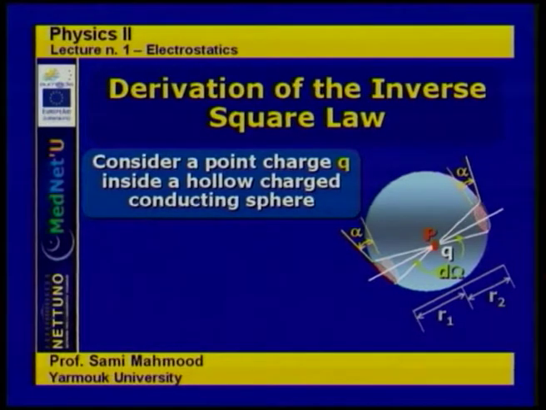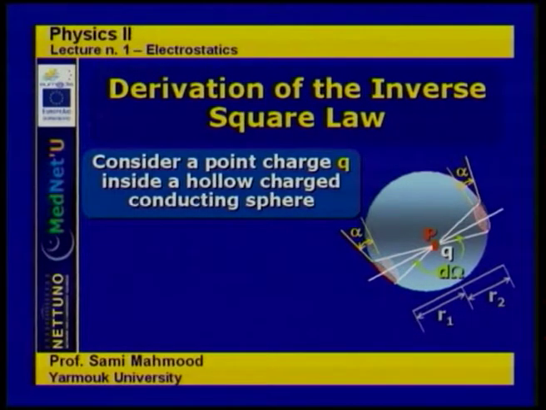Now, if we draw a position vector from that charge Q to the surface, if we draw a straight line that intersects the spherical surface in 2 points on two opposite sides of the charge Q, and we take a small solid angle d omega that is subtended at the point charge, that solid angle will cover a small surface area, dS, on either side.